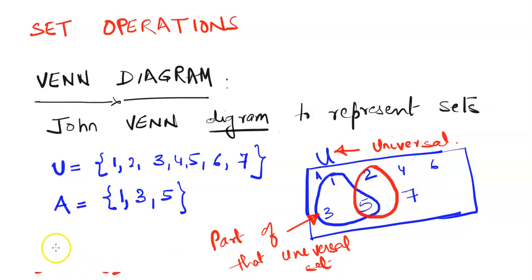So suppose there is another set B which takes values 2 and 5. There could be another set C which takes values 6 and 7.